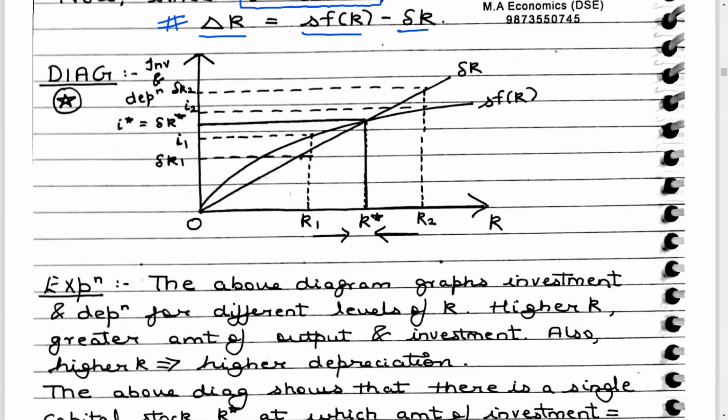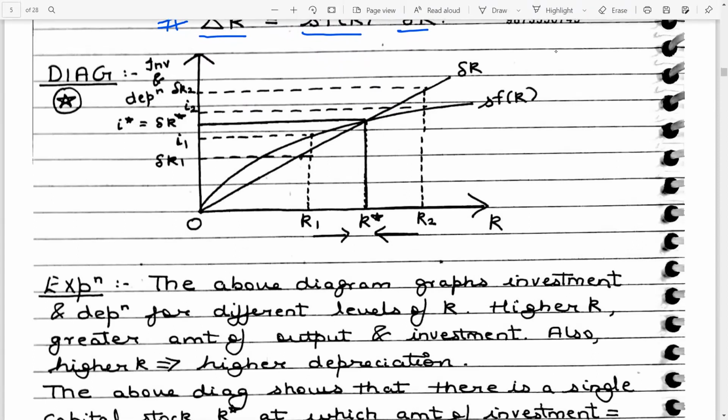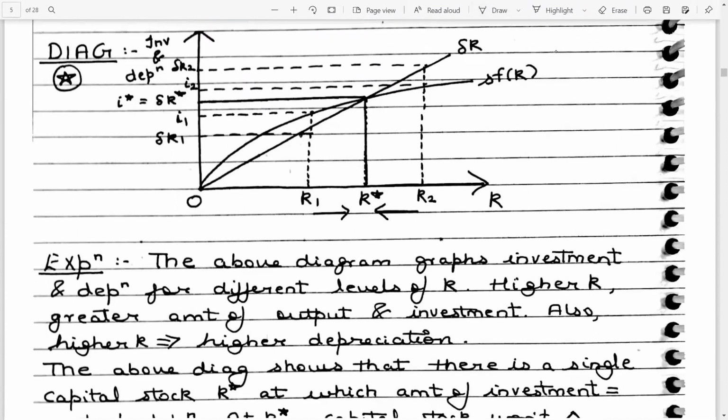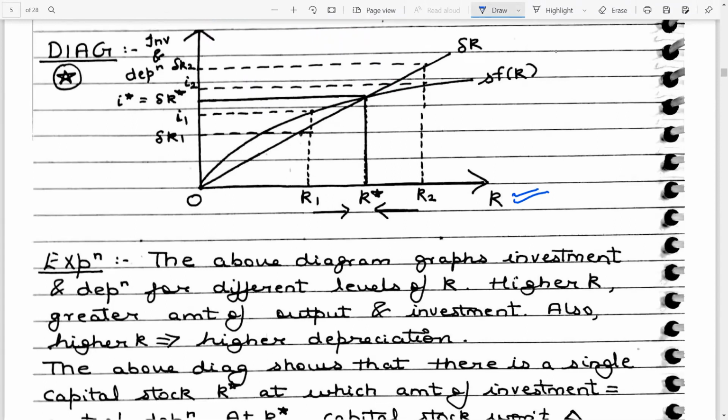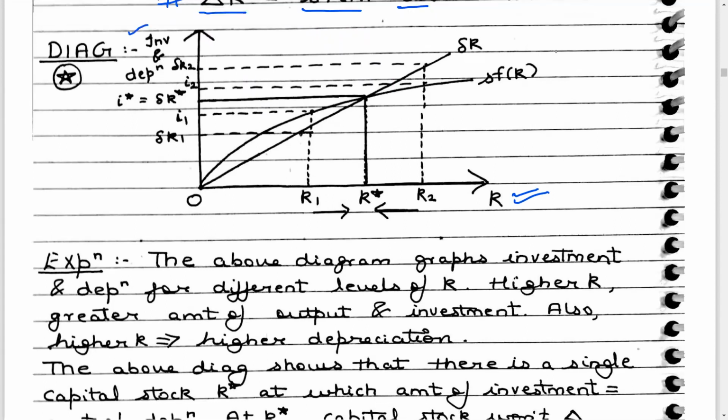So you can see guys, on the horizontal axis, capital stock per worker. On the vertical axis, we have investment and depreciation. You can see guys, the investment curve is S f of K, and delta K is my depreciation line.